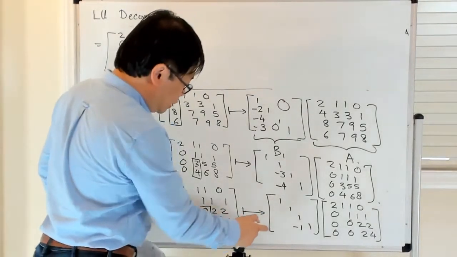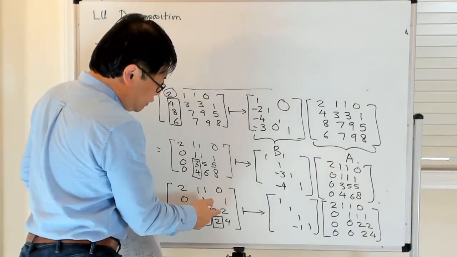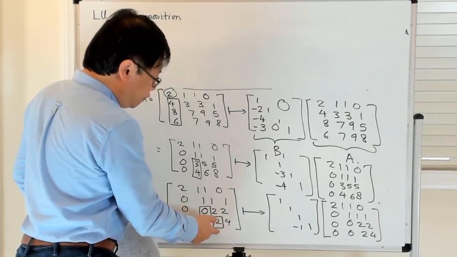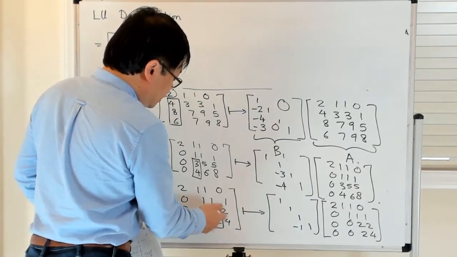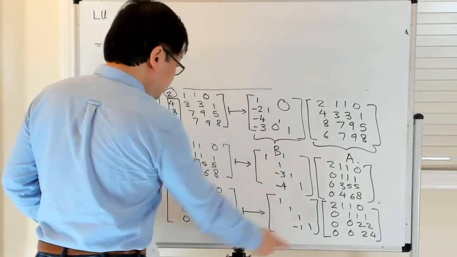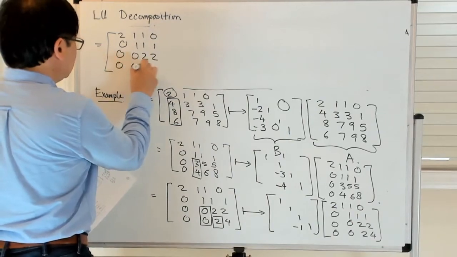And again, if you recall, what we did was subtract the third row from the fourth row. So that will be a 0, 2 minus 2 is 0, 4 minus 2 is 2. So that very last entry at the bottom is a 2. Okay, so that's 0, 0, 0, and a 2.